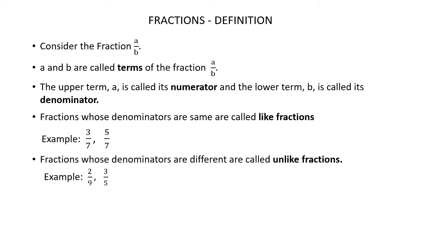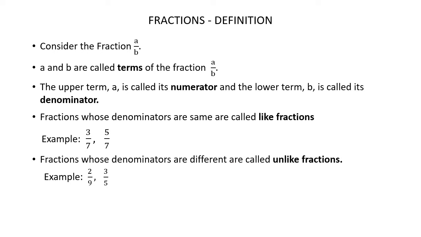Now fractions whose denominators are same are called like fractions. For example, 3 by 7 and 5 by 7 are like fractions because their denominators are the same. Fractions whose denominators are different are called unlike fractions.